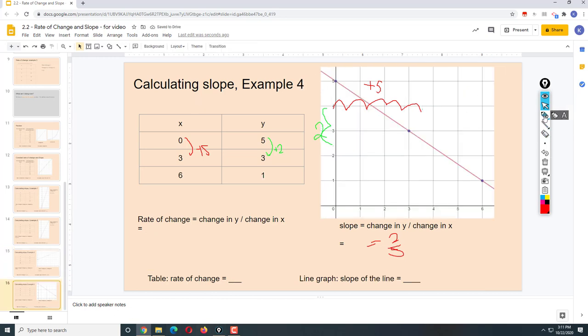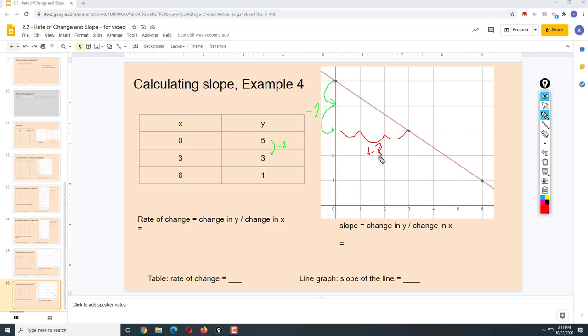Last one. Well, this time, we're not going up, we're going down. Well, that works the same way. It's just that when we're going down, the change is not plus 2, it's negative 2. But we're still going to the right 3.